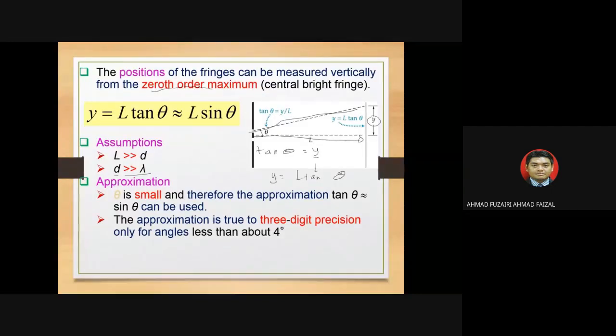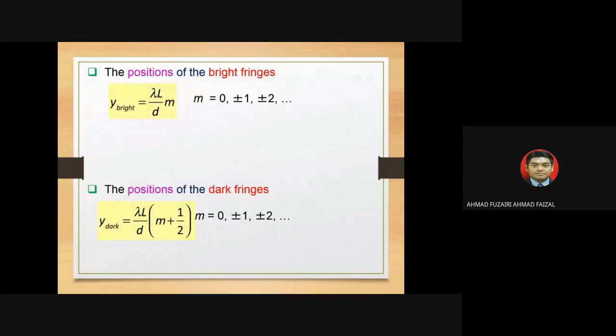Under this condition, theta is small, so we can use the approximation sine theta equal to tangent theta. Therefore, the equation of position y equal to L tangent theta can be expressed as y equal to L sine theta.